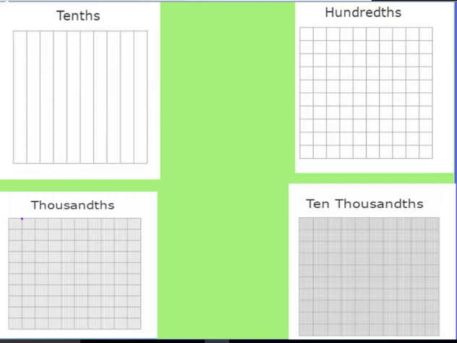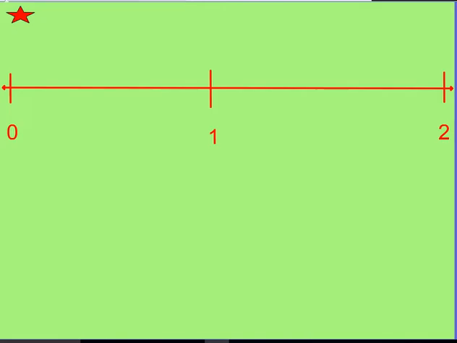Alright, let's move back to this to see if that makes more sense to you. Now we're going to move to a number line. A number line is another way to show a decimal. If you notice, from here to here is a full whole number. You have another full whole number.